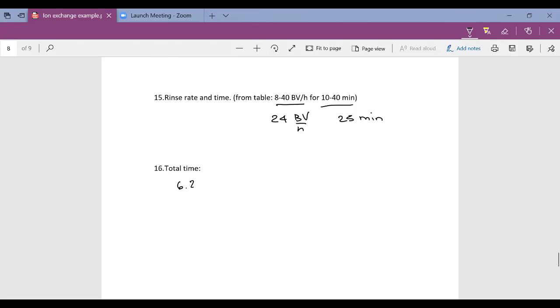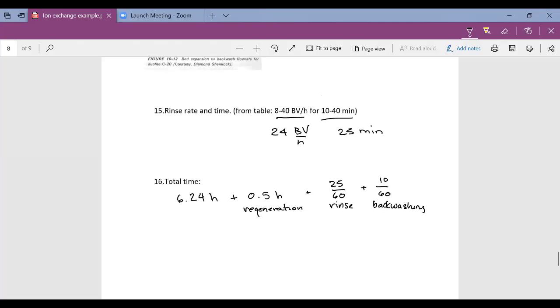So the total service time is the 6.24 hours plus my 0.5 for regeneration, plus we'll do 25 minutes, and that was for rinse, and we'll use 10 minutes for backwashing.